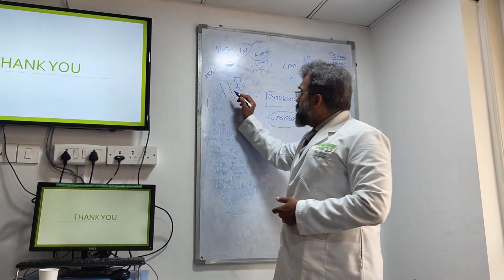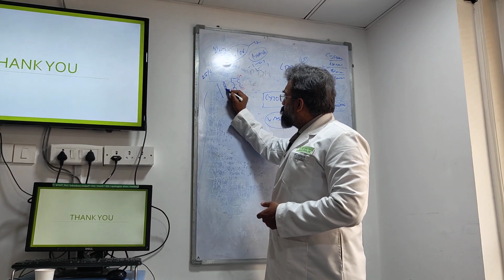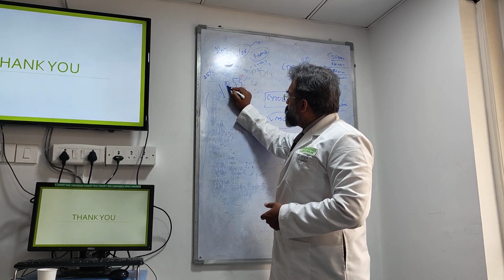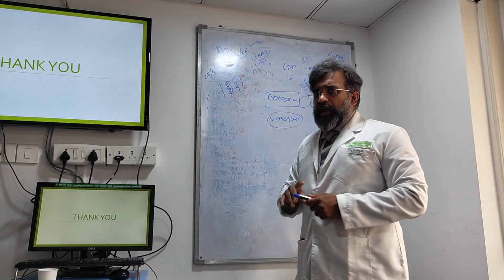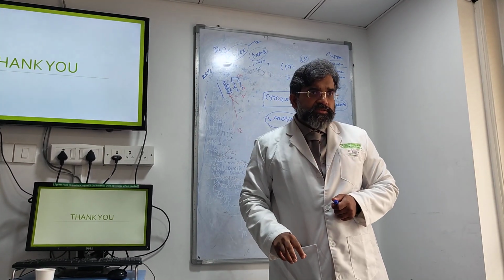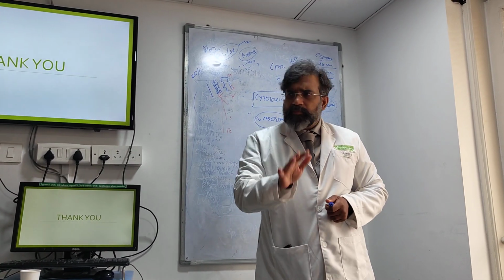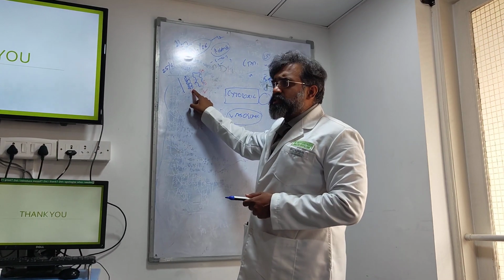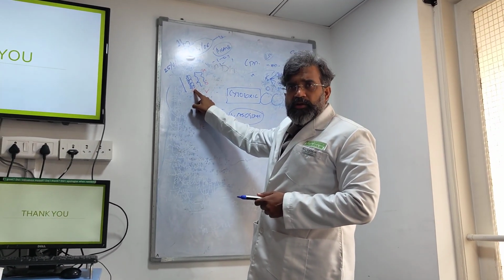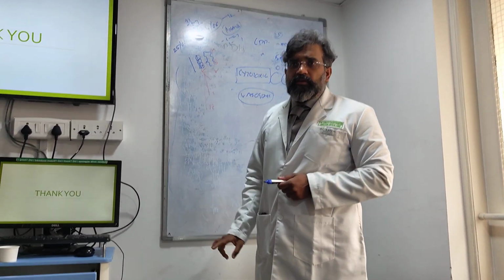You have the endothelium and the end foot processes of the astrocytes. That's the blood-brain barrier.